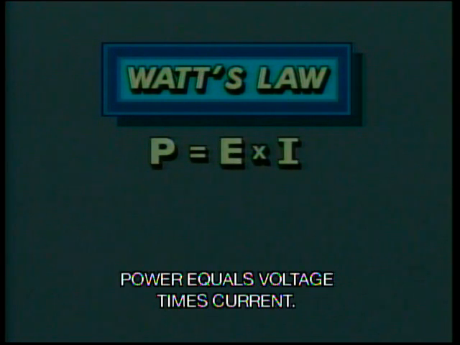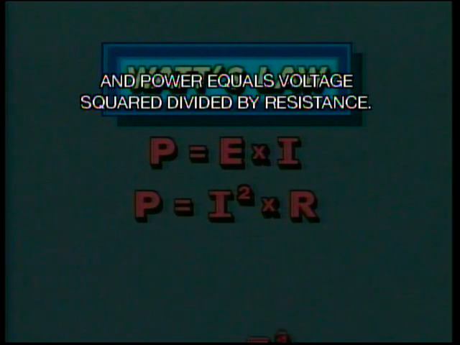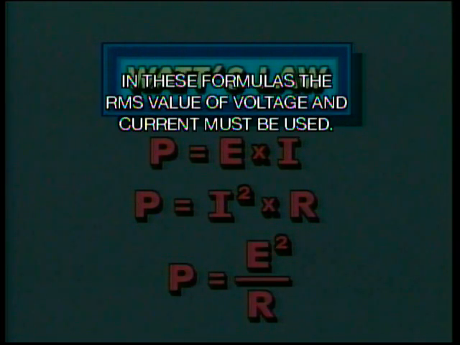Power equals voltage times current. Power equals current squared times resistance. And power equals voltage squared divided by resistance. In these formulas, the RMS value of voltage and current must be used.